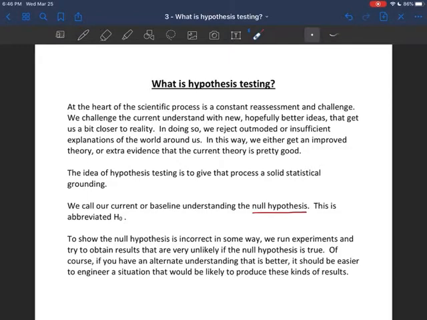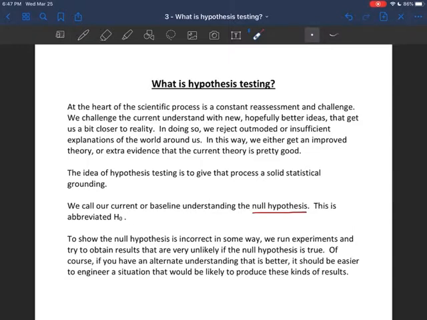Our goal in scientific experimentation is to show that the null hypothesis is incorrect in some way. The way we do this is by running experiments and then obtaining results that are very unlikely if the null hypothesis is true. Of course, this is hard to do if you don't have a better explanation than the null hypothesis.